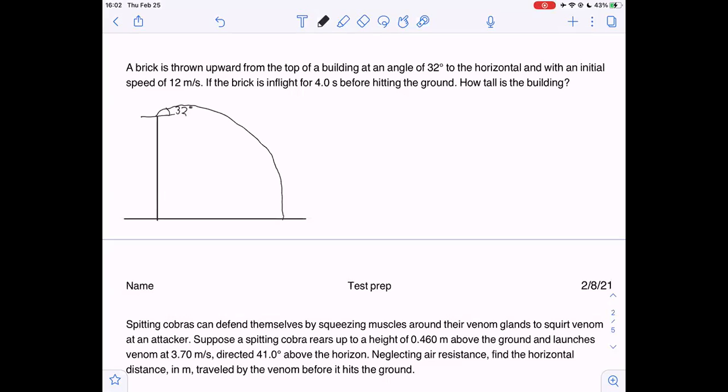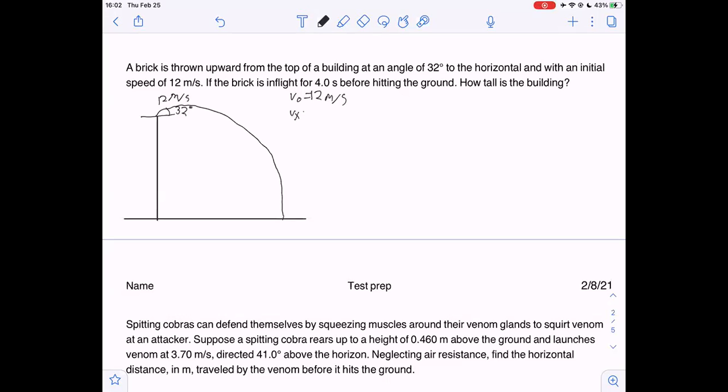We know initial speed is 12 meters per second. We know time is 4 seconds, so we write this down. Our V naught is 12 meters per second.